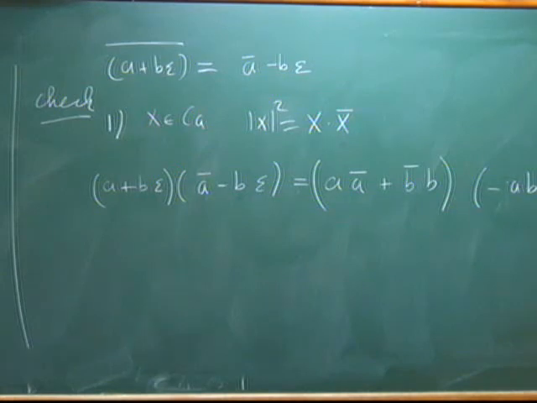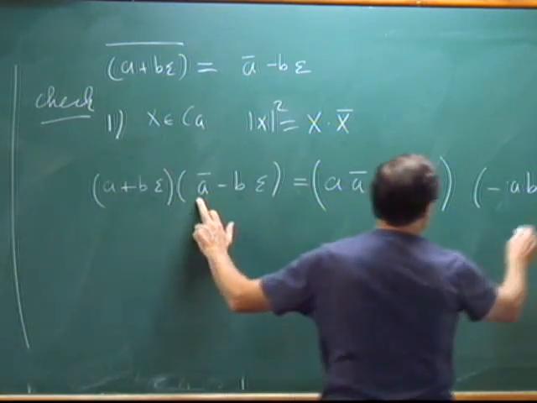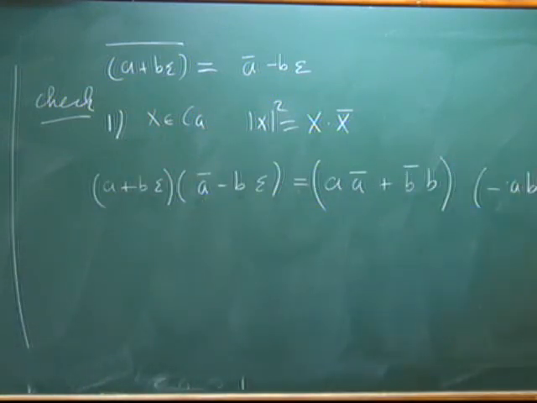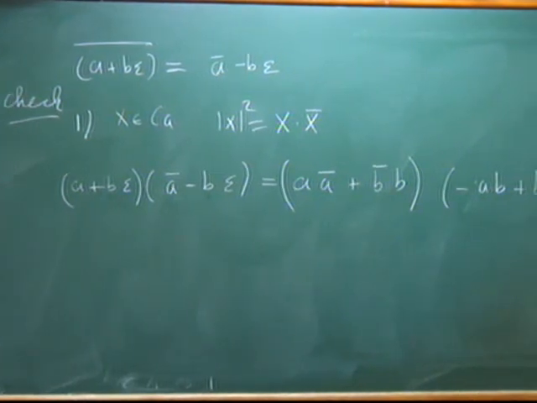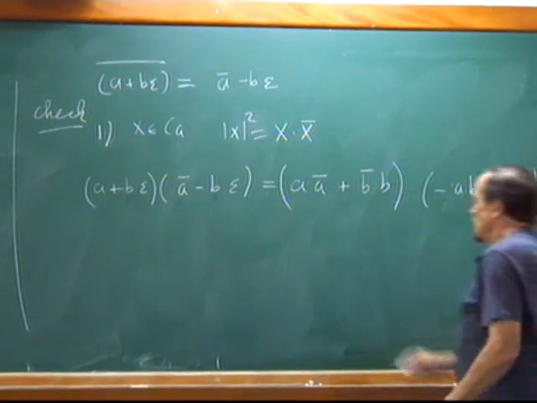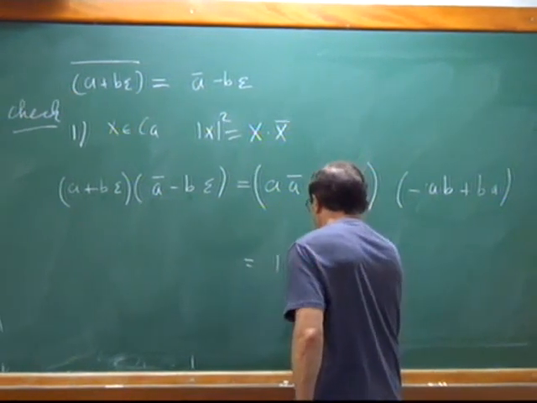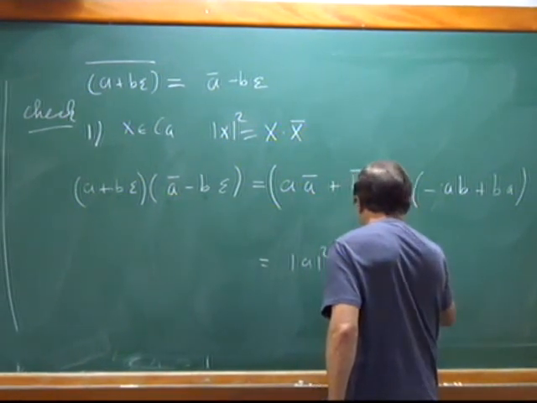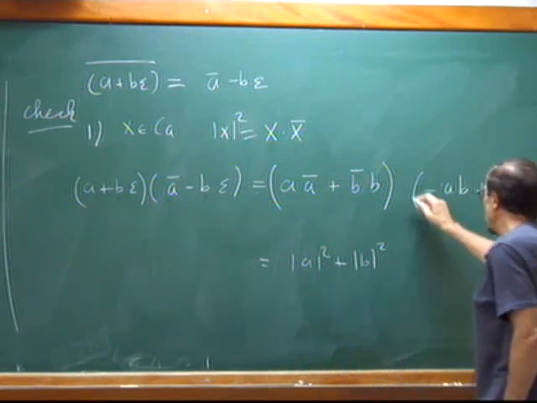So that's b times the conjugate of this plus b a. Did I do the order correct? I want to claim this is norm a squared plus norm b squared. This, of course, is true, so I would like this to be 0.